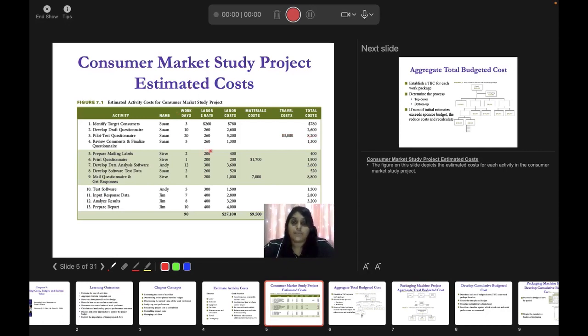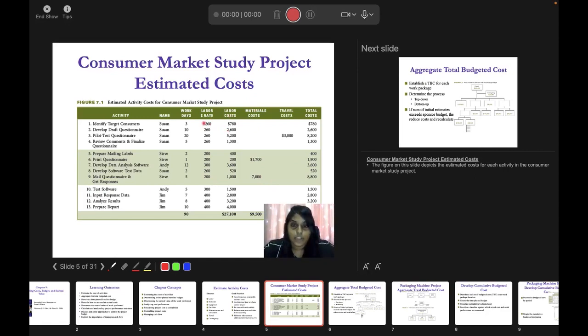This is estimated, not the actual cost. It is the estimated cost, something that is estimated before you start purchasing or implementing. So when you estimate that Susan is going to agree to a labor rate of 260, you have all this total cost figured out. But let's say when you hire Susan, she says, okay, I can do this work for $240.